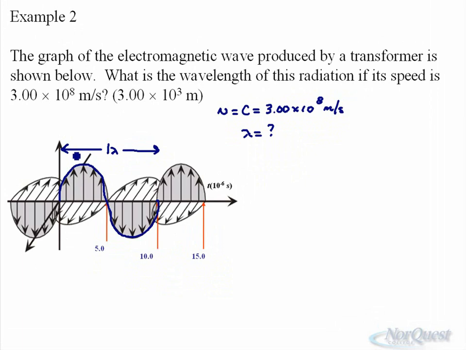So the time for one wavelength, in this case, using our graph, will be 10.0 times 10 to the negative 6. So it's 10 times 10 to the negative 6 seconds. So we're using a graph to interpret some value for us in this question.